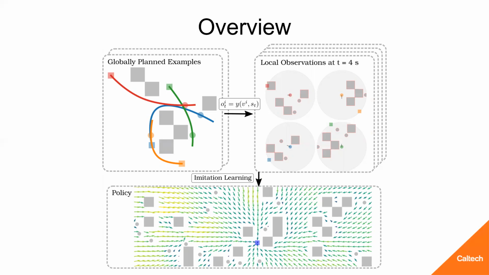Then we can run imitation learning to map our local observation to the desired action, and we will get a policy that is hopefully efficient at runtime and roughly maps out what the global planner has done initially.